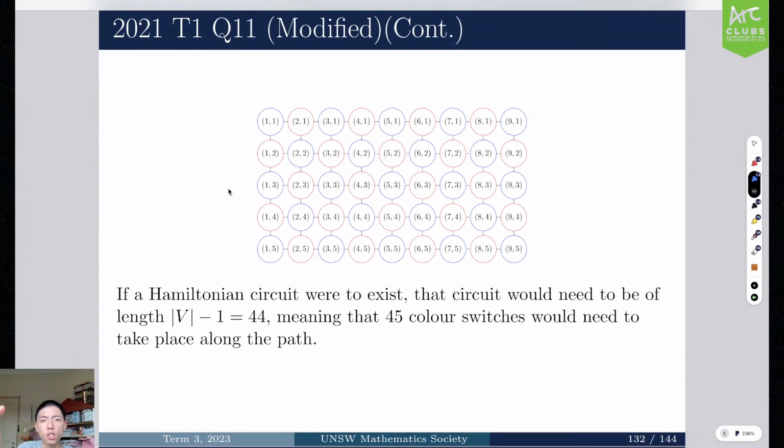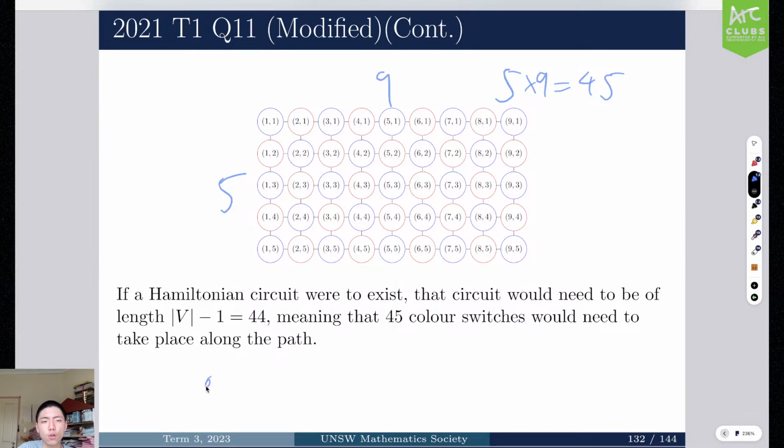Let's use the idea of color switches. So for every edge that we travel across, remember, you don't have to go over all of the edges, you just need to go over every vertex once, right? So if you were to have a Hamiltonian circuit that existed over all of the vertices, there are 5 here, 9 here, so there will be 5 times 9 equals 45 vertices, right?